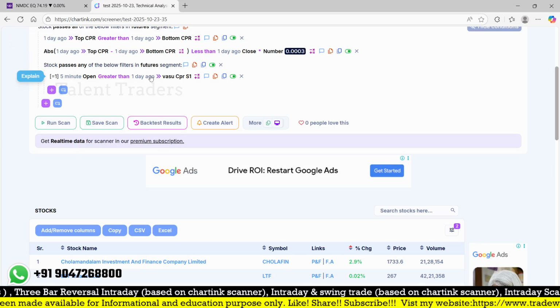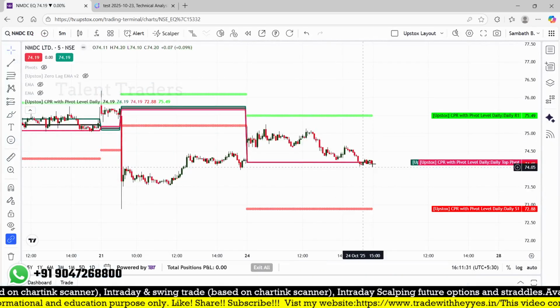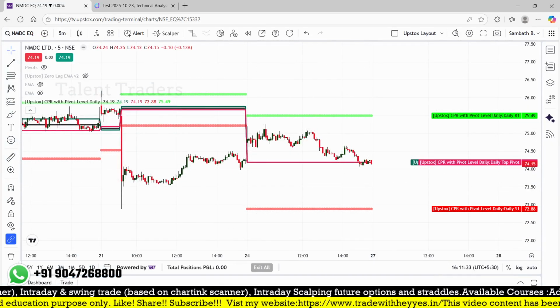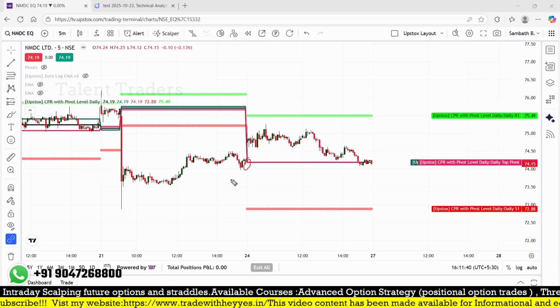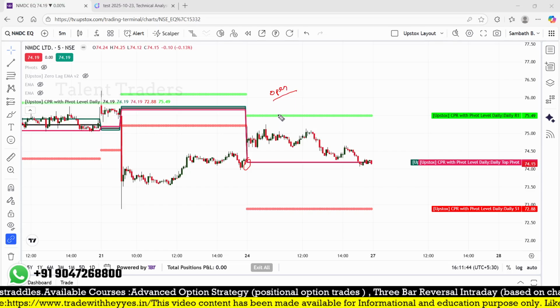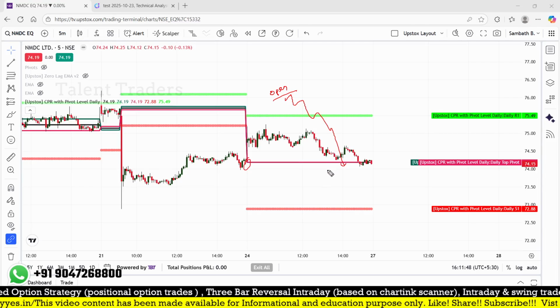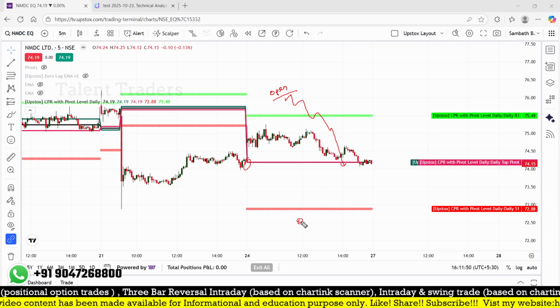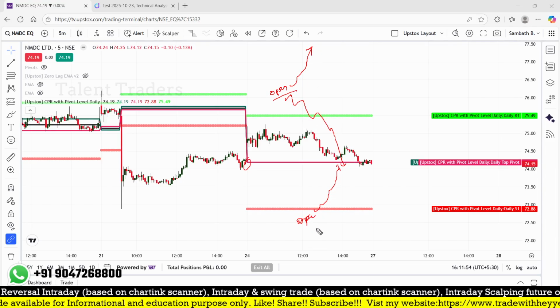The reason why this many stocks came: for example, if I take NMDC, the condition is very simple. We are looking for a very tight or narrow CPR, which is happening here. Normally the stock opens above our resistance one, and maybe it reaches towards the pivot level, or it opens below and retests this level, or sometimes it may continue also.